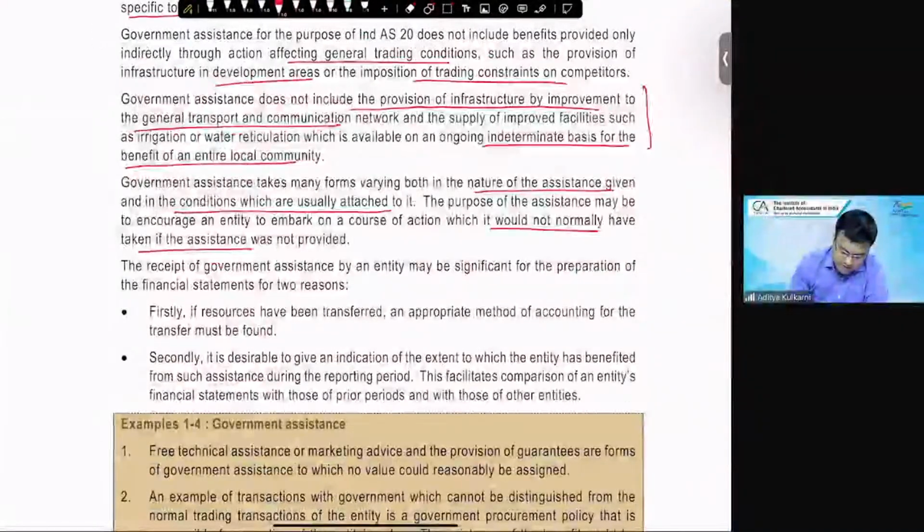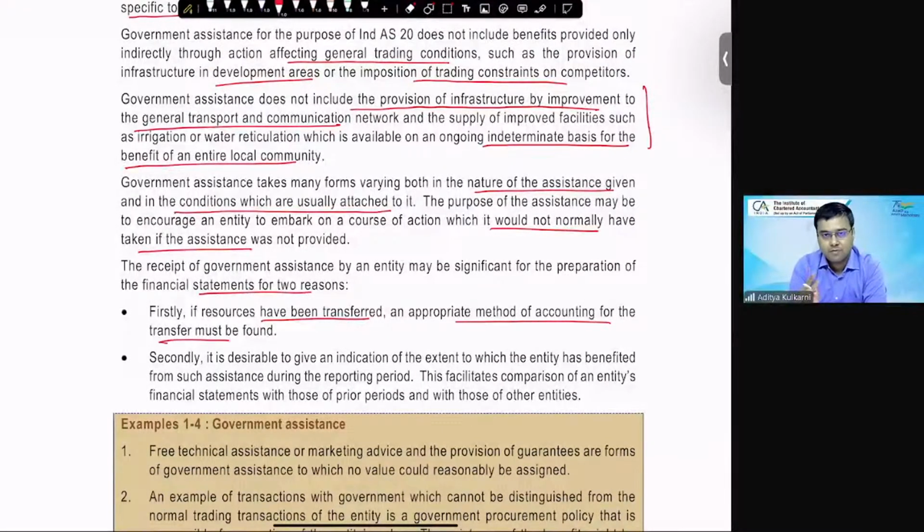The receipt of government assistance may be significant for the preparation of the financial statement for two reasons. Firstly, if resources have been transferred, then assistance will take the form of a grant. Because when resources are transferred, you need to devise a method of accounting for the transfer. So if resources are transferred, the next step will be, it will be classified as a grant.